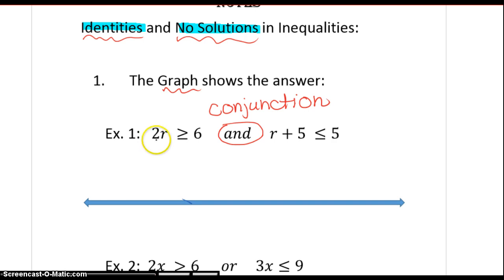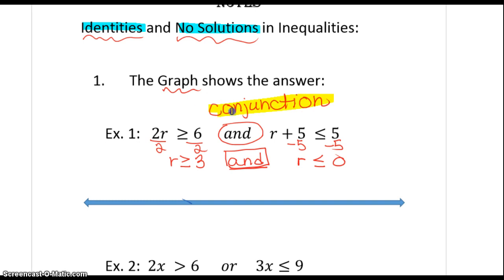So if we solve the first inequality, r is greater than or equal to 3, and r is less than or equal to 0. Okay, so we have two things, and we're looking at and. So we have to look again at the conjunction where they intersect. So let's go ahead and graph this.